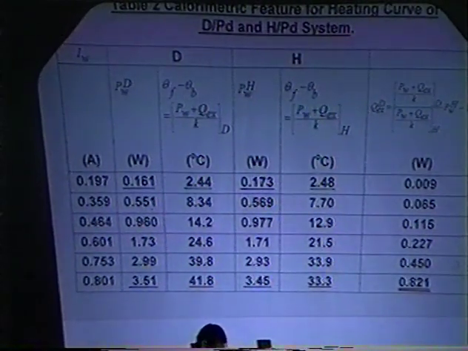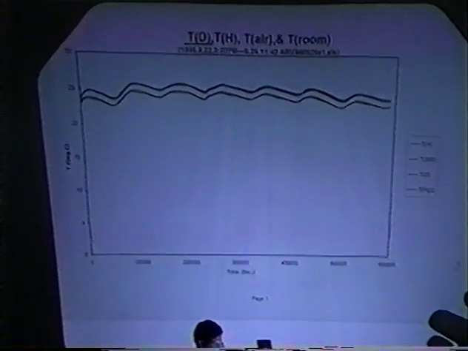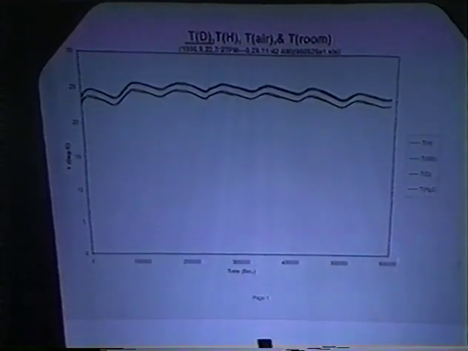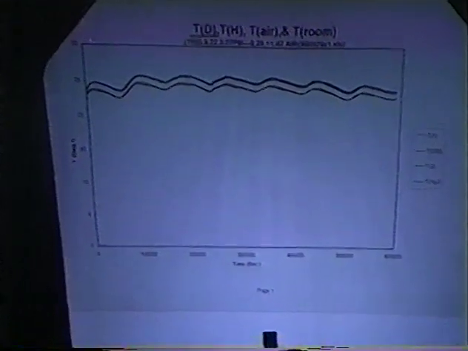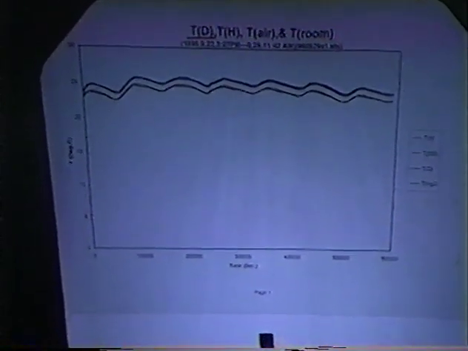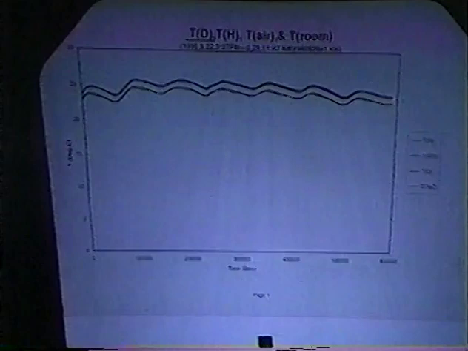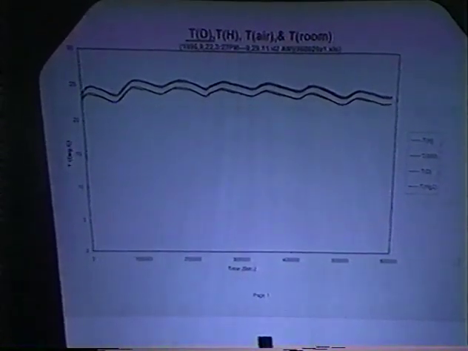Now you may ask, if we do not heat it, what happens? We did this also. This is the time, this is the temperature. We measured the room temperature, that's the line here. This is about 1 week. Every day and night, the temperature goes up, goes down, goes up, goes down.